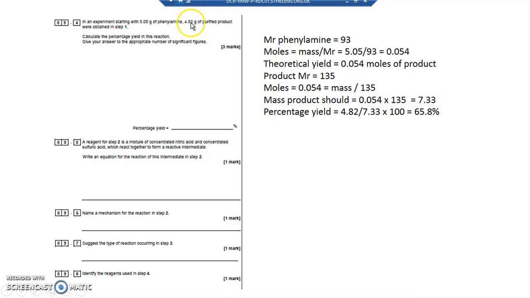I've only made 4.82. So my yield is how much I did make, 4.82, the smaller figure usually, divided by 7.33 multiplied by 100%, 65.8%.